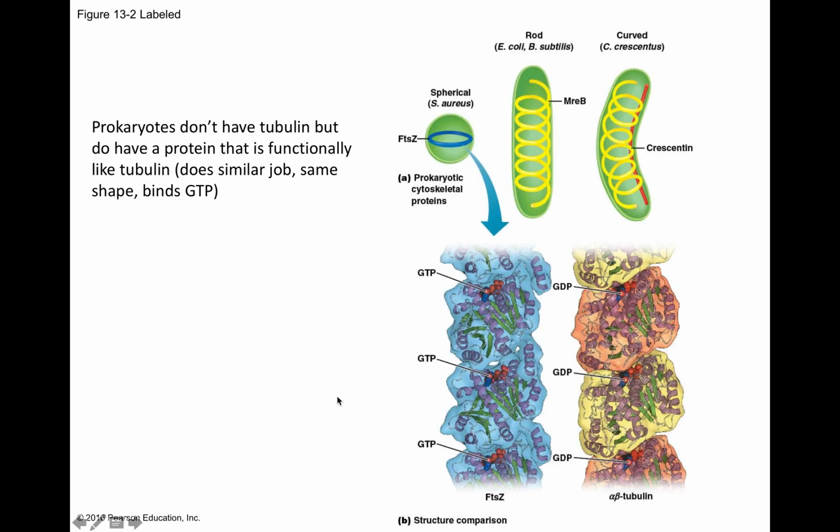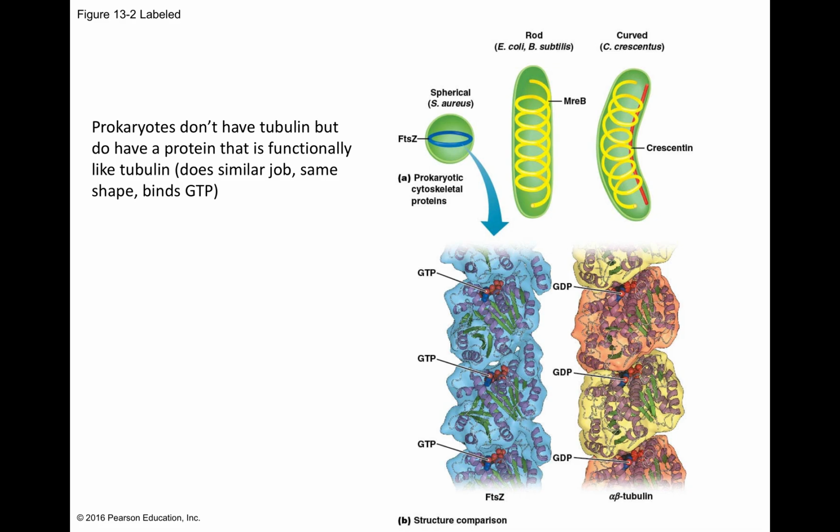Okay, so one characteristic of prokaryotes versus eukaryotes is prokaryotes don't make tubulin, but they do make a molecule that looks very much like tubulin.